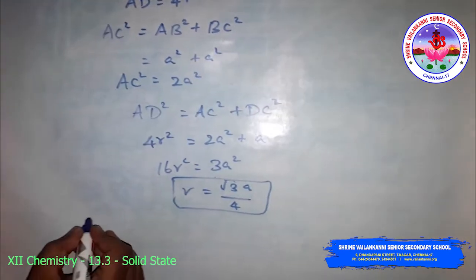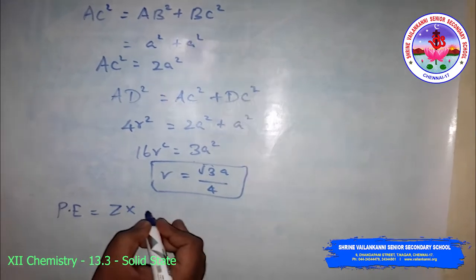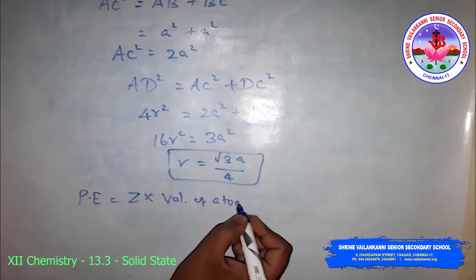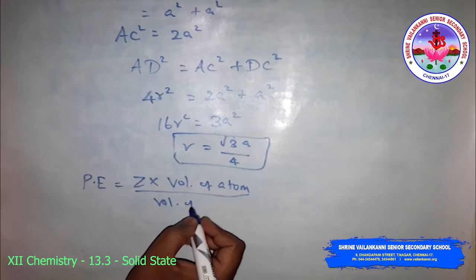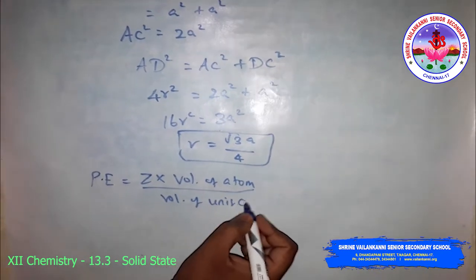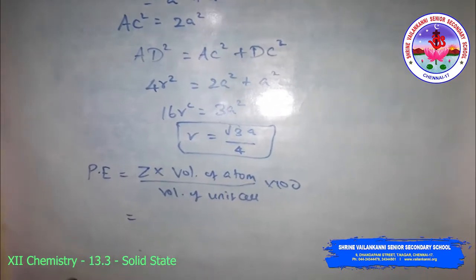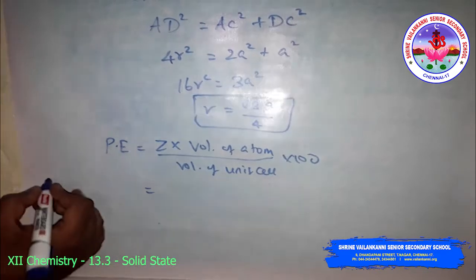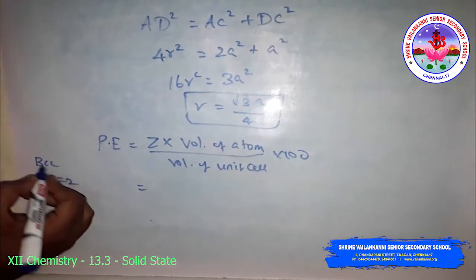Now let us calculate the packing efficiency for BCC atom. Packing efficiency, already we know the formula: Z into volume of atom divided by volume of the unit cell into 100. Now here number of atoms in a BCC is equal to what? Number of atoms, Z is equal to 2. This is for BCC, already we have seen.